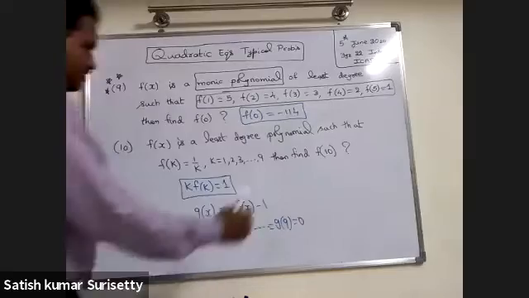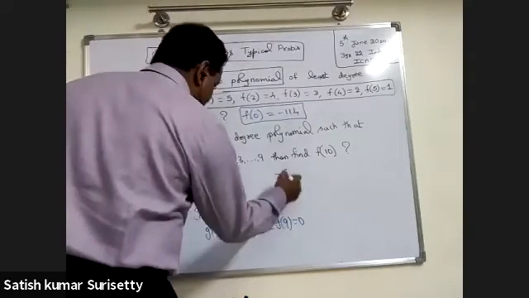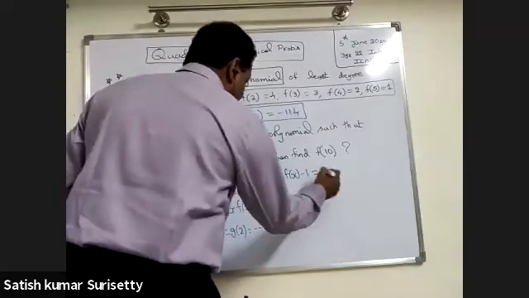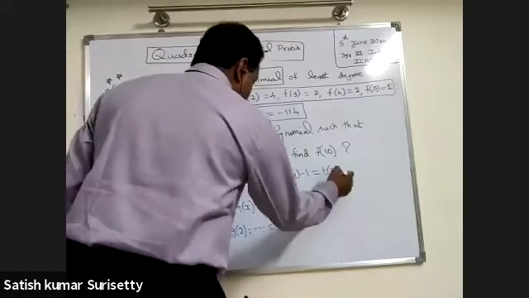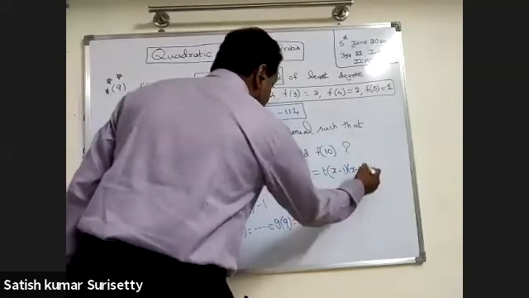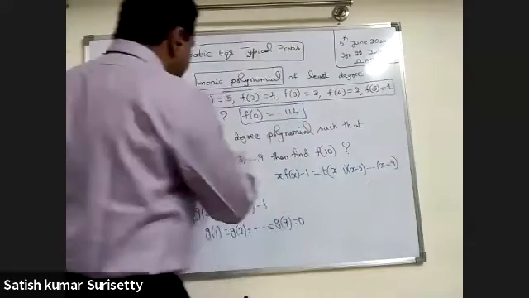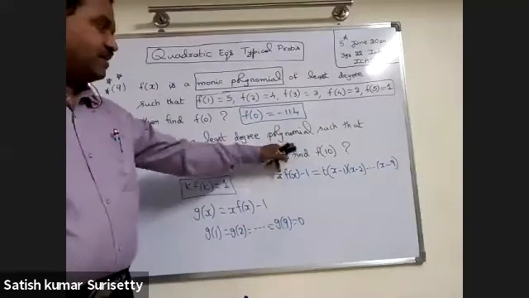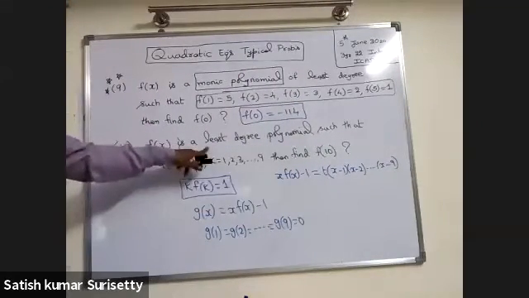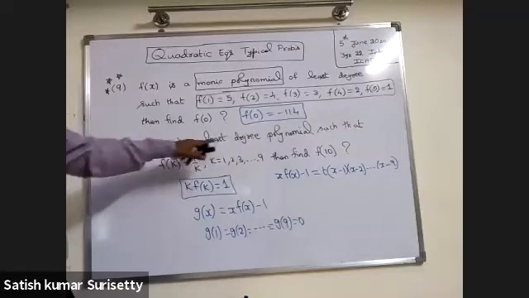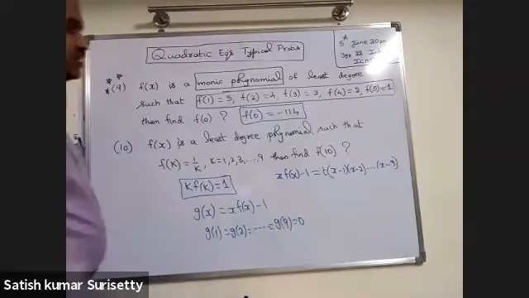So I can write x into f of x minus 1 equal to some constant t into (x minus 1)(x minus 2) and so on up to (x minus 9). But in this problem, it is given as a least degree polynomial only, and nothing is mentioned about the leading coefficient, nor is it mentioned to be a monic polynomial. That means we should not consider t equal to 1 at all.